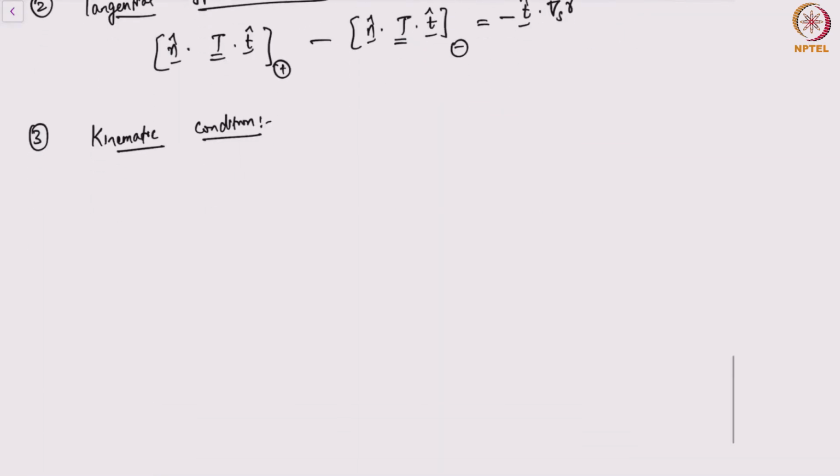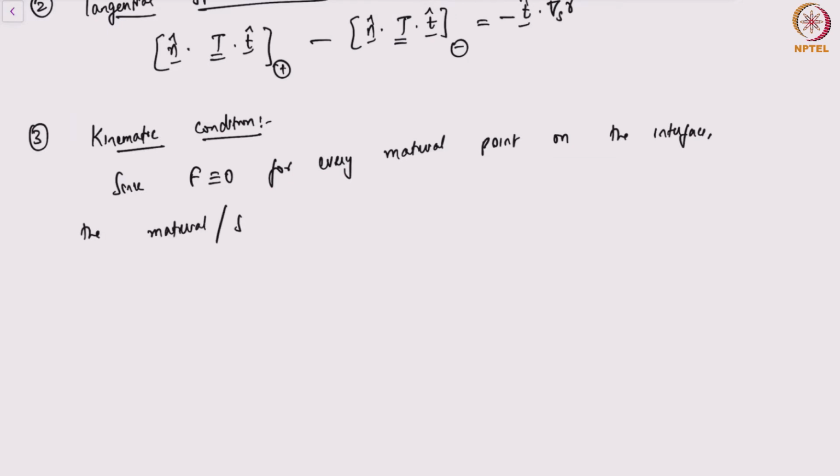Now, since F is identically equal to 0 for every material point on the interface, the material or substantial derivative of F with respect to time should be 0, right?